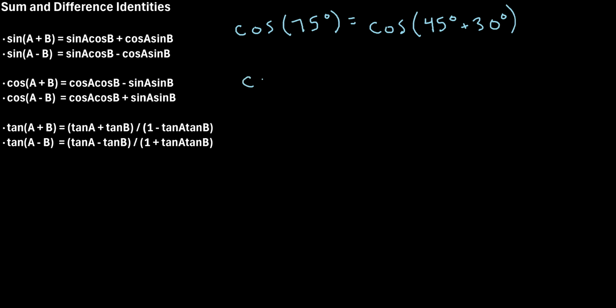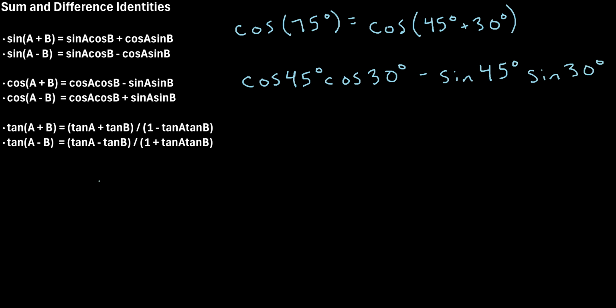We'll have the cosine of A, so A in this case will be 45 degrees, times the cosine of B, B will be 30 degrees, minus the sine of A, so A is 45 degrees, times the sine of B, or B is 30 degrees.